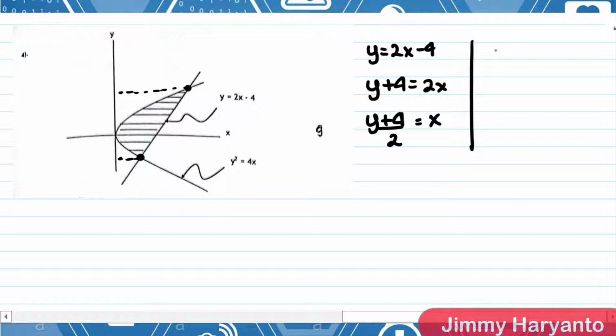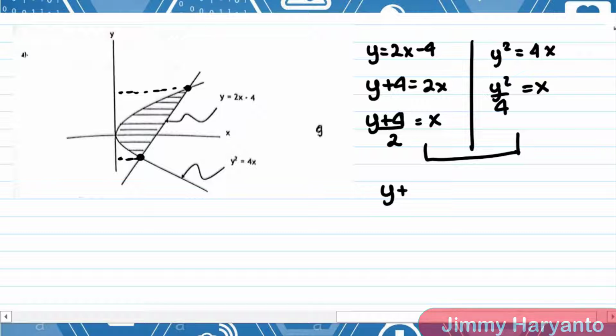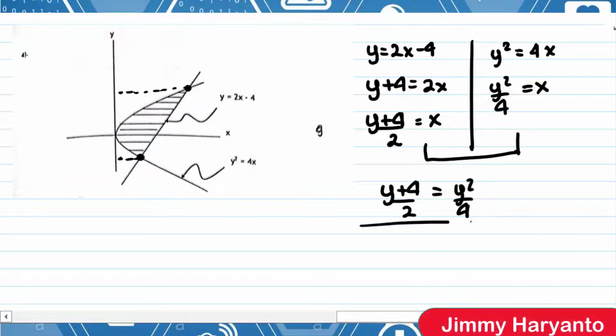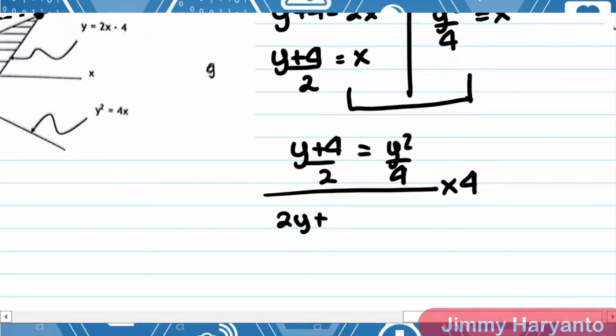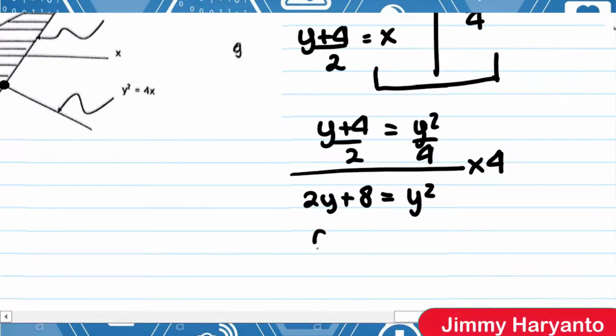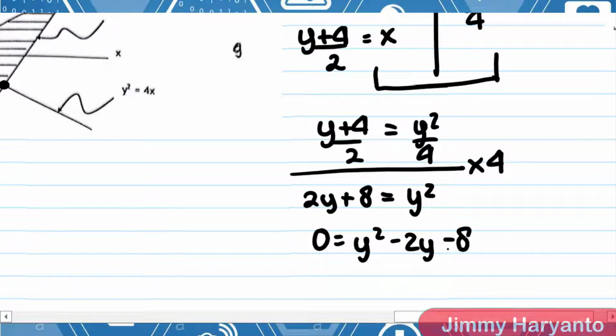And then for the second part, you will have y square equals 4x, that means x equals y square over 4, and then substitute one of them, y plus 4 over 2 equals y square over 4, then times them all by 4, you will have 2y plus 8 equals y square, and then move it to the right hand side, y square minus 2y minus 8.